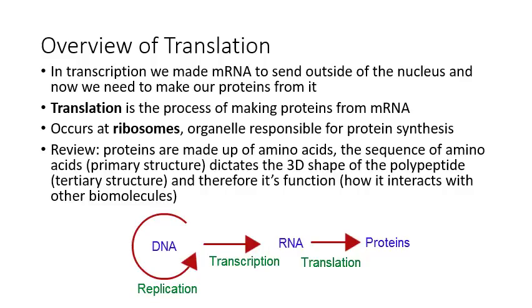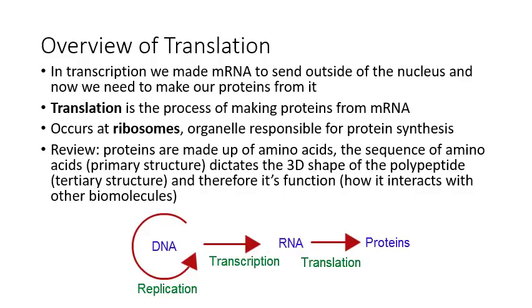Okay, so replication, we're copying our DNA. Transcription, we're making a copy that leaves the nucleus. And now translation, we're taking this RNA and we're making a protein. And finally, proteins, we know, are biomolecules that really do something. They change their chemical environment. We know when we talked about enzymes that if an enzyme is present, it can accelerate or catalyze a chemical reaction. And that's going to allow a cell to change its chemical environment to make it more conducive to that cell surviving and growing and reproducing.